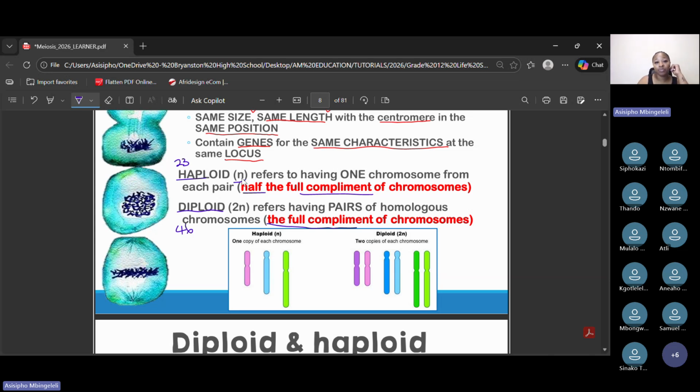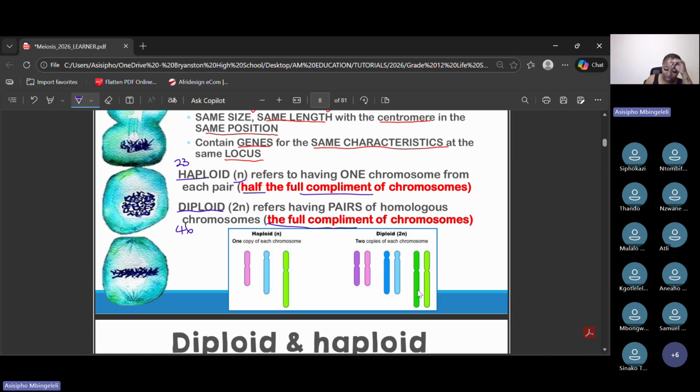And 2n is for diploid, you have the full set of chromosomes. To remember this, if I take an example of 8 chromosomes as a full complement, meaning the diploid number is 8, the haploid will be half of 8, which is 4.